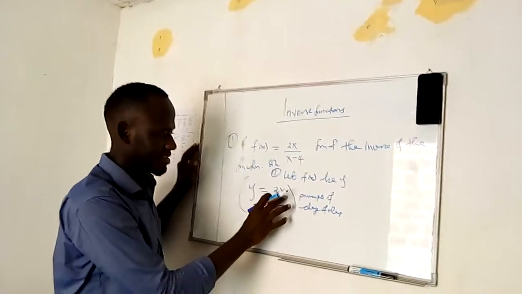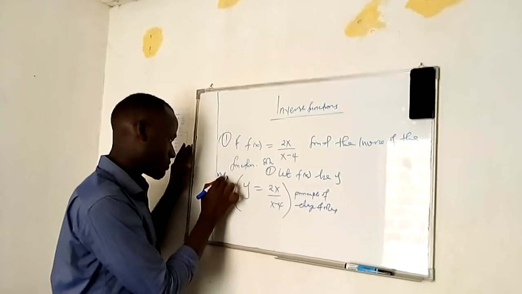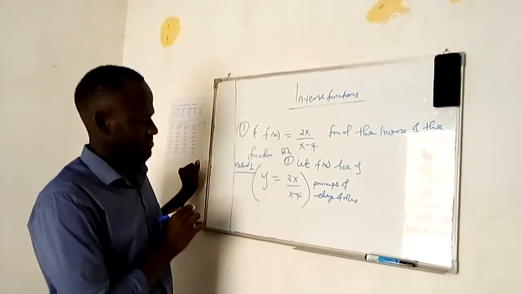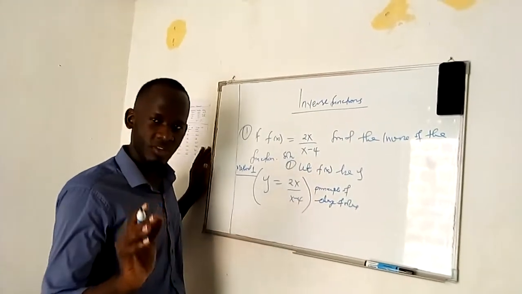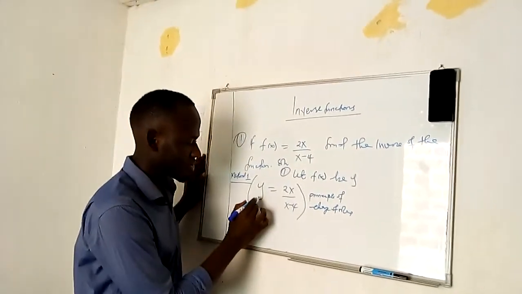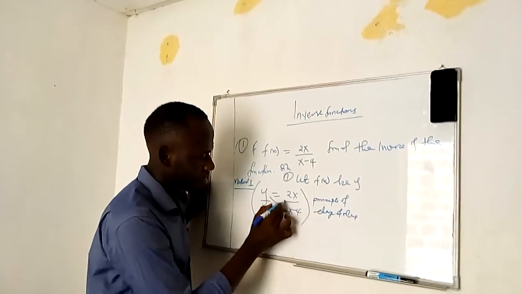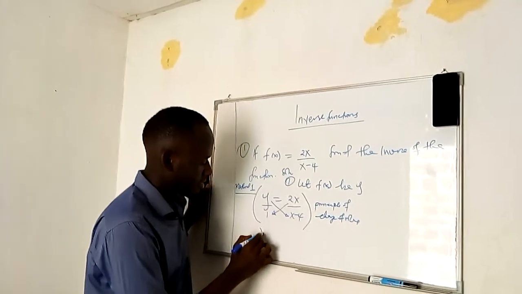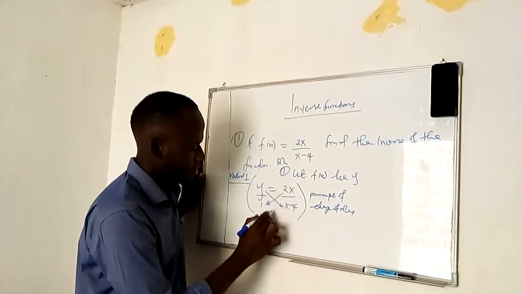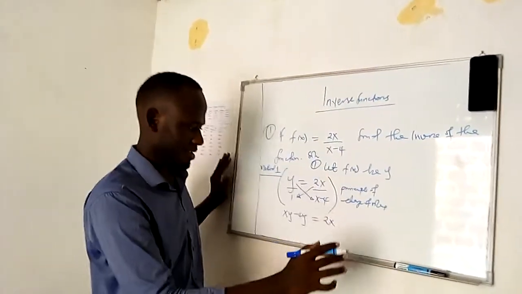We first make x the subject of the formula. This is method 1. Please bake it in. So here we say let us make x the subject of the formula. You know there is an invisible 1 here, so we shall cross multiply for starters, and we shall get xy minus 4y is equal to 2x, but we want x as the main subject of the formula.